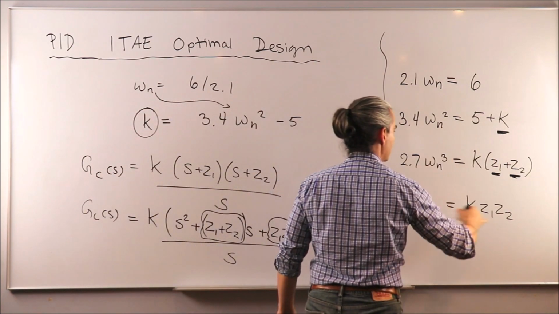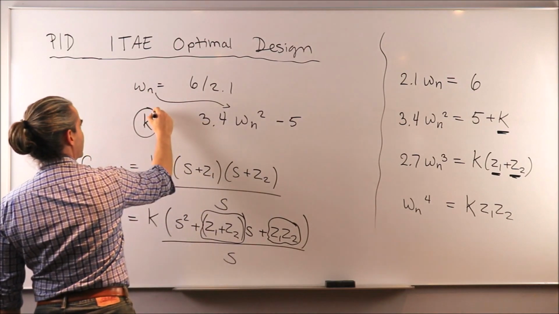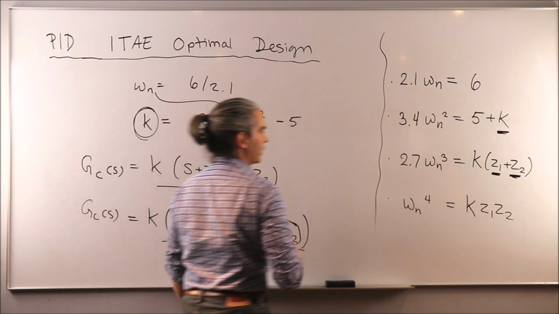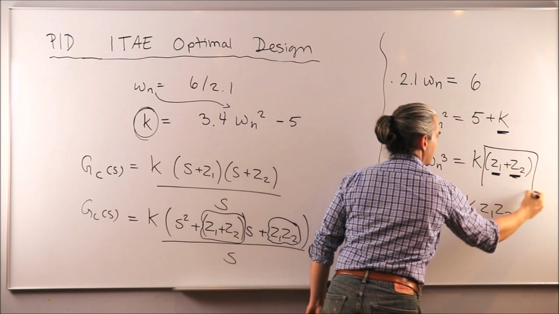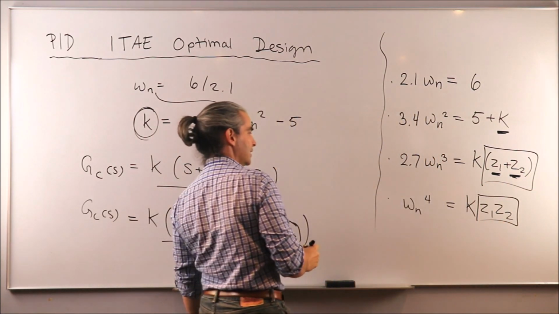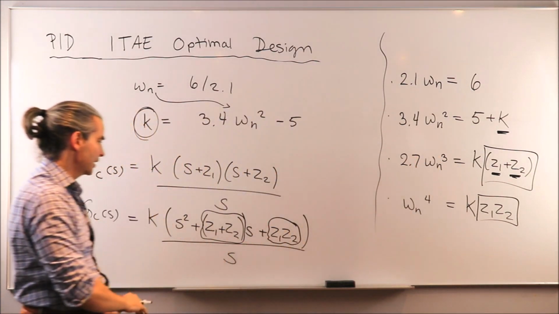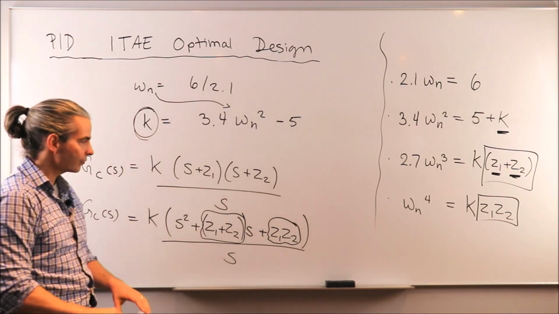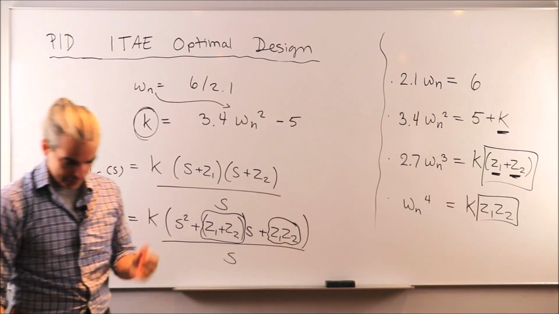And those equations allow us to do just that, all right? So we found k using the first two equations, and the last two allow us to solve for z1 plus z2 and z1 times z2. So just solve for these unknowns and substitute them back directly into this form of our PID control law. All right.